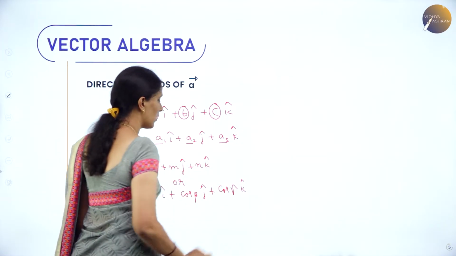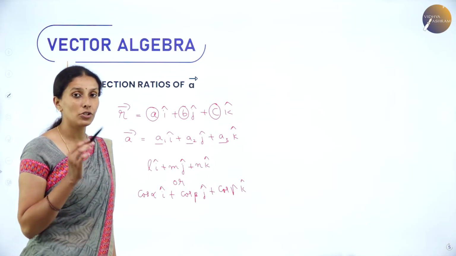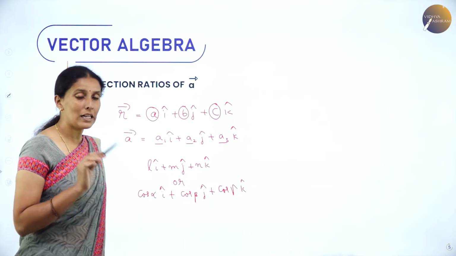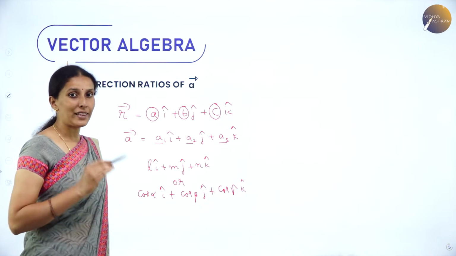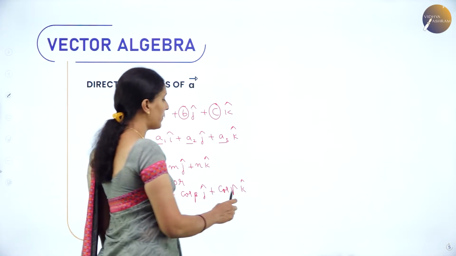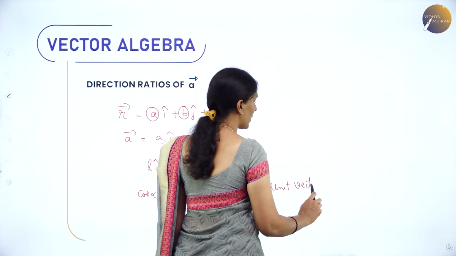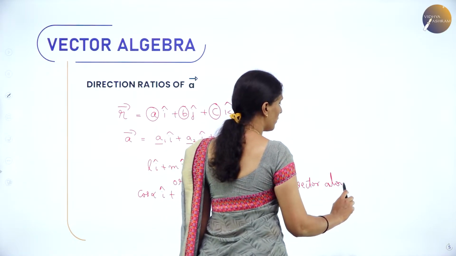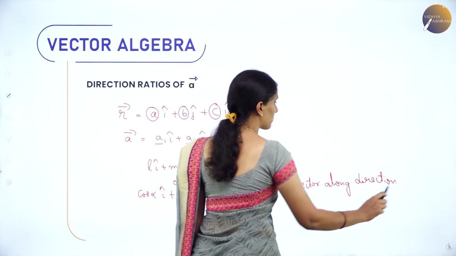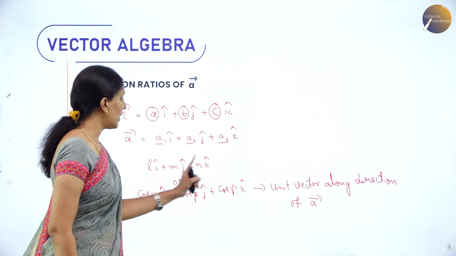So cos alpha, cos beta, cos gamma represent the direction cosines of the given vector, where alpha, beta, gamma are the angles made by the position vector with x-axis, y-axis and z-axis. So this represents the unit vector along the direction of vector A. So this is always a unit vector.